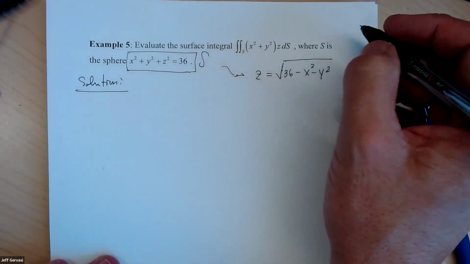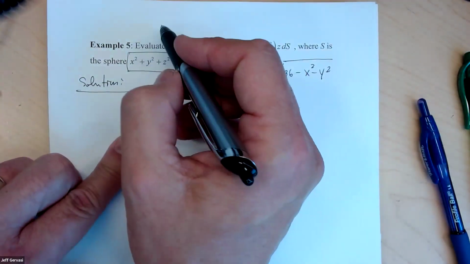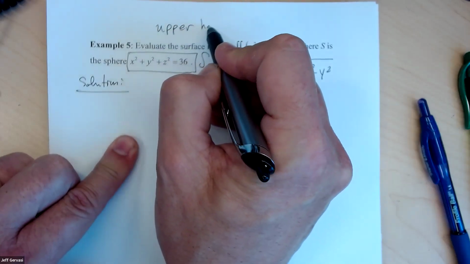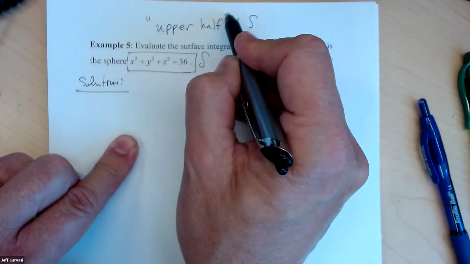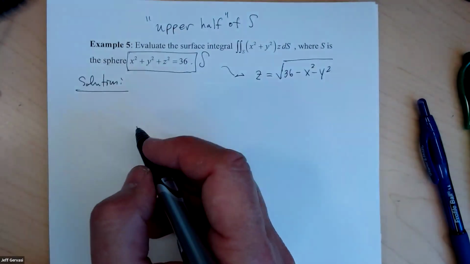S is the sphere. You know what, gang? I copied this out of a book, and the rest of the directions were the upper half of that surface.